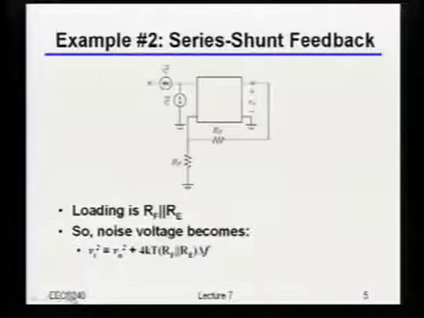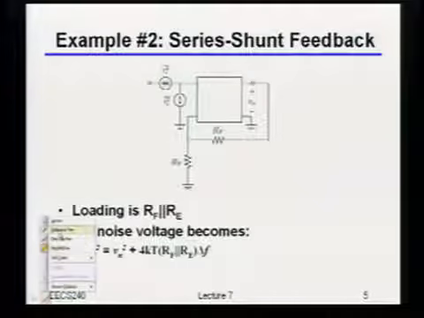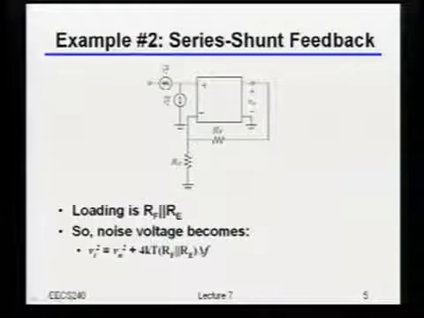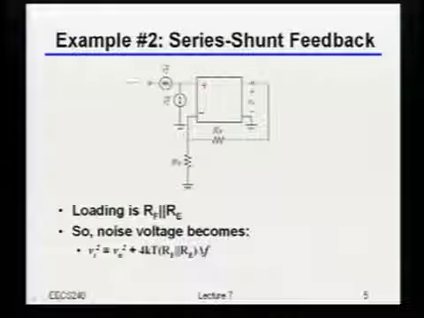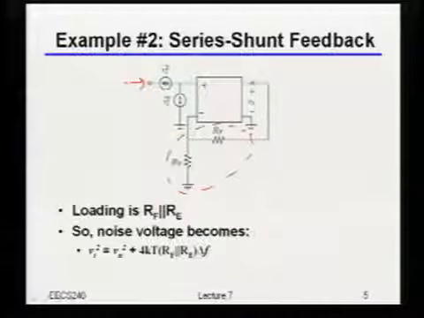So now let's look at another example. Let's say I do this so-called series-shunt feedback network. This would typically be something like a non-inverting amplifier, right? So here my input is a voltage. If I want to figure out how much noise this feedback network is adding, I'm interested in voltage.